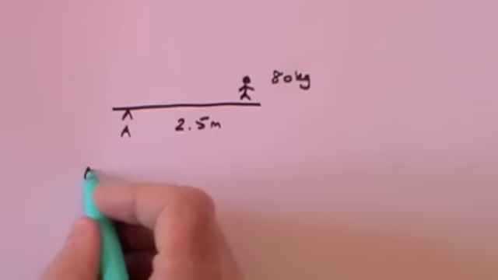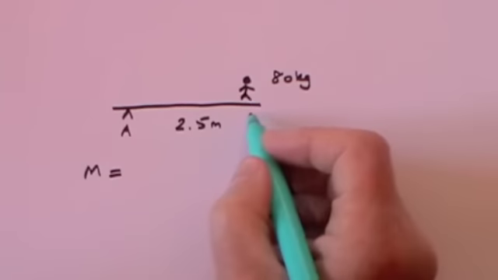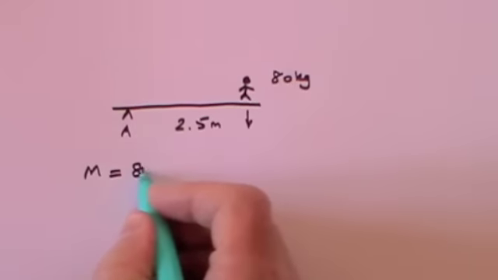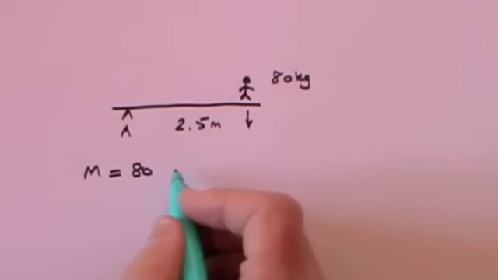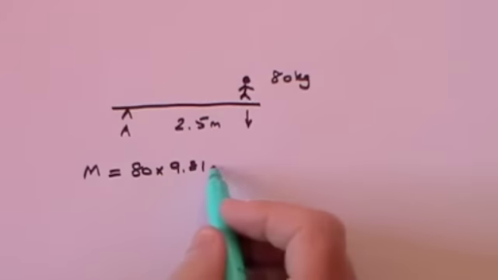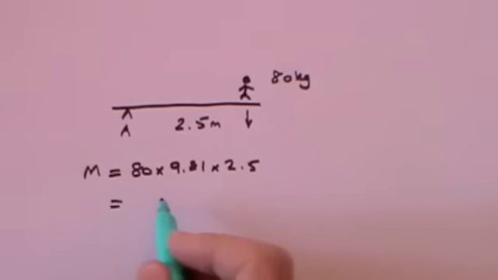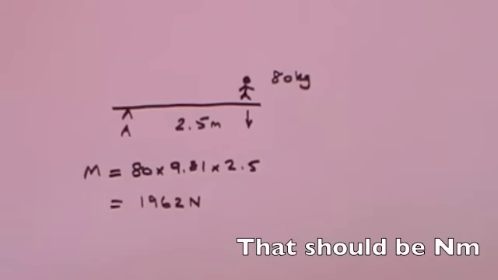The moment is going to be the force times the distance. The force acting downwards is going to be the mass times the gravity, which is 9.81, times the distance, which is 2.5 meters. And that will give you a total of 1962 newtons.